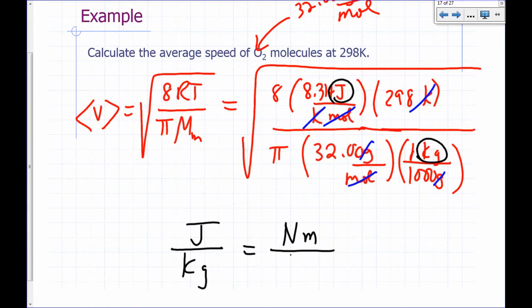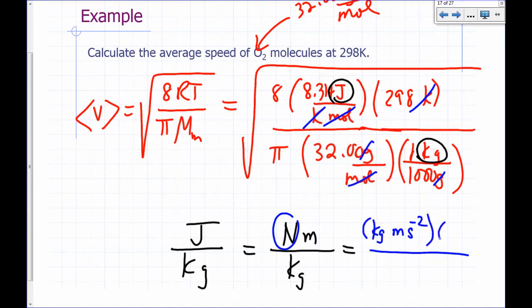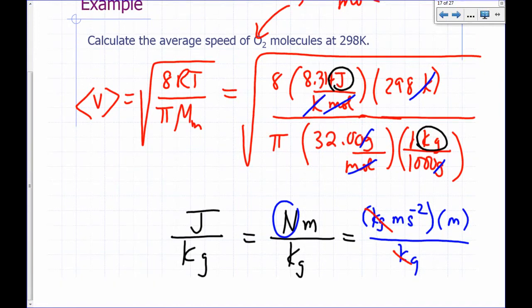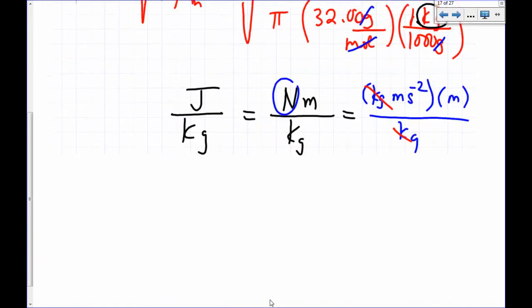Force times distance is joules, over a kilogram. A Newton is a unit of force, and force is mass times acceleration. So that would be a kilogram times acceleration, which is meters per second squared. That's a Newton, okay? And times a meter, over kilograms. Your kilogram cancels out.